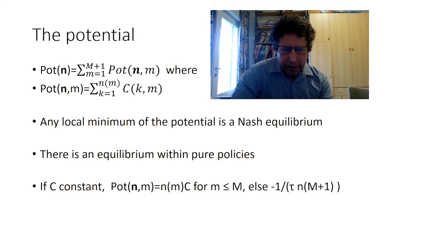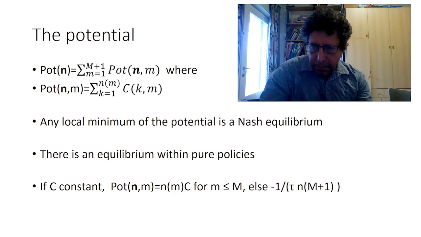Any local minimum of the potential turns out to be an equilibrium in our original game. The equilibria are not unique. In fact, if the problem that we have is symmetric, then we'll have a unique symmetric equilibrium. But we also have non-symmetric equilibria, since we know that there are equilibria within pure policies.